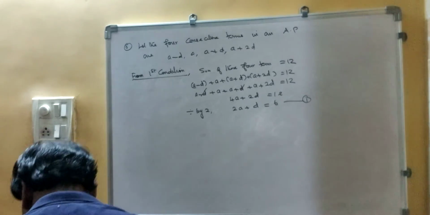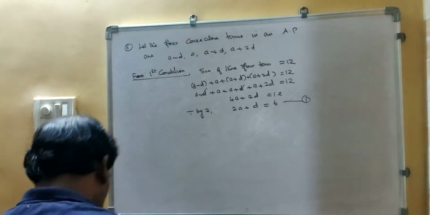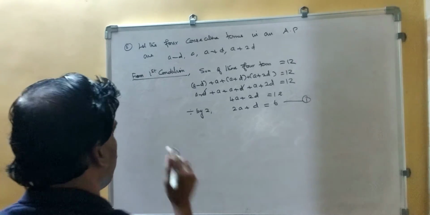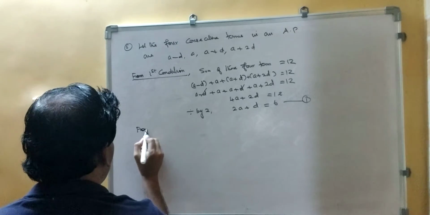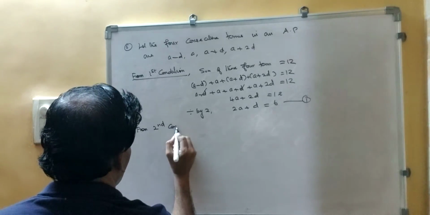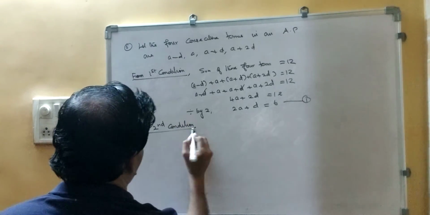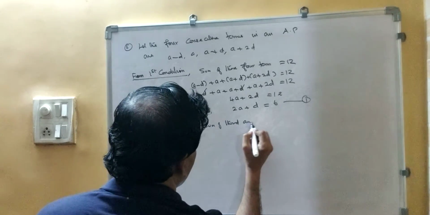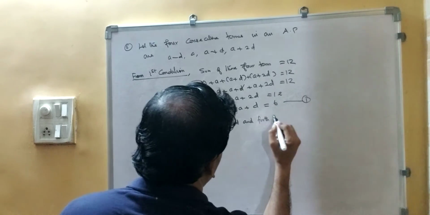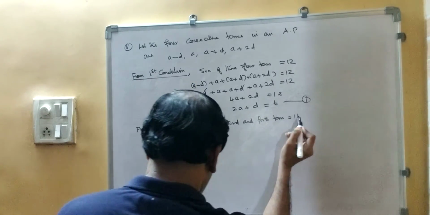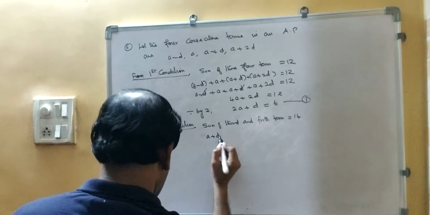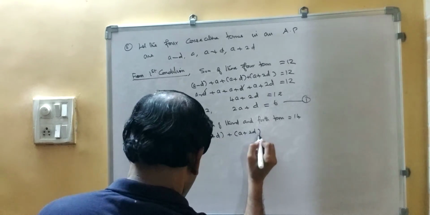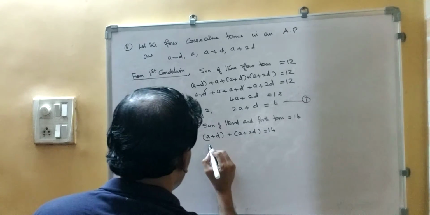Now, what is the second condition? The second condition is that the sum of the third and fourth term is 14. From the second condition, the sum of the third and fourth term is 14. What is the third term? A plus D plus A plus 2D equal to 14. So remove the bracket.